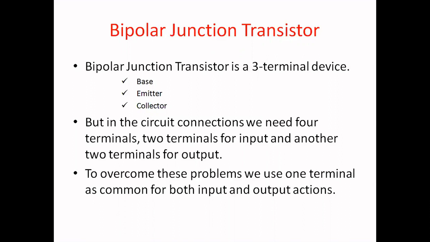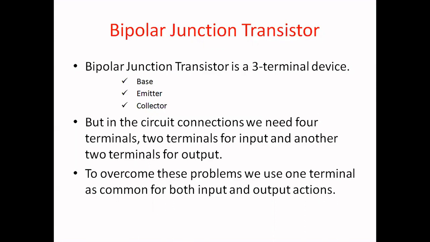But in order to connect in a circuit, we need four terminals. Why do we need four terminals? In order to give the input and take the output, three terminals are not sufficient. We need four terminals. Hence, two where you can give input and another two using which you can get the output.